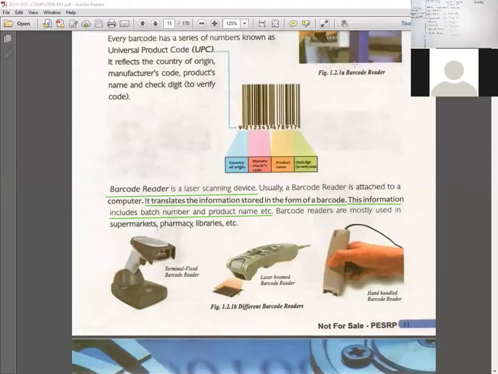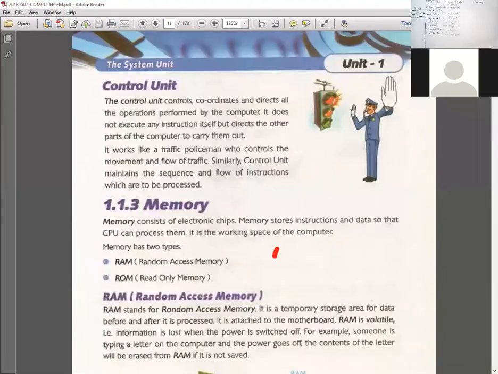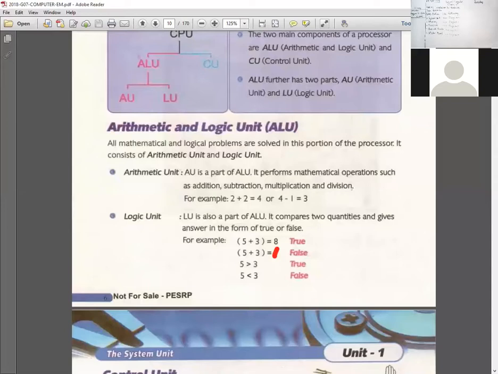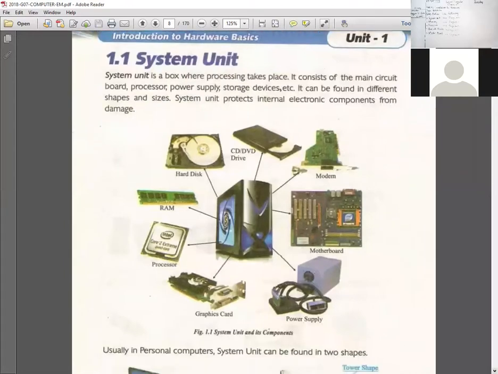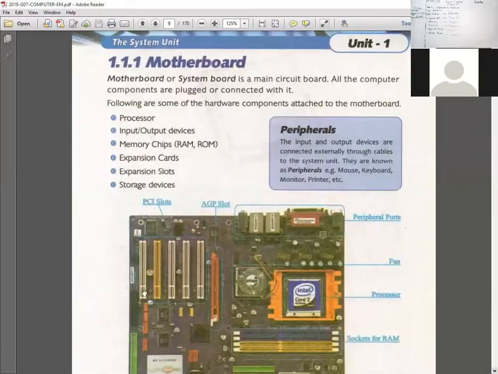Okay, now I'm moving to the next. For the motherboard, we have to move to page number 5. Question number 5 and the last definition of today's lesson.